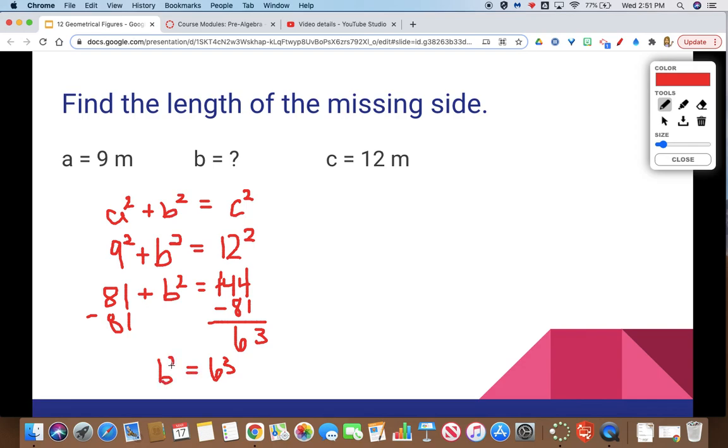So b squared equals 63. To find b by itself, we're going to find the square root of 63, which I'm guessing is a little bit under 8, but let's double check on our calculator exactly what it would be. Square root of 63. Oops, I did cube root. 7.9. That is our missing length b.